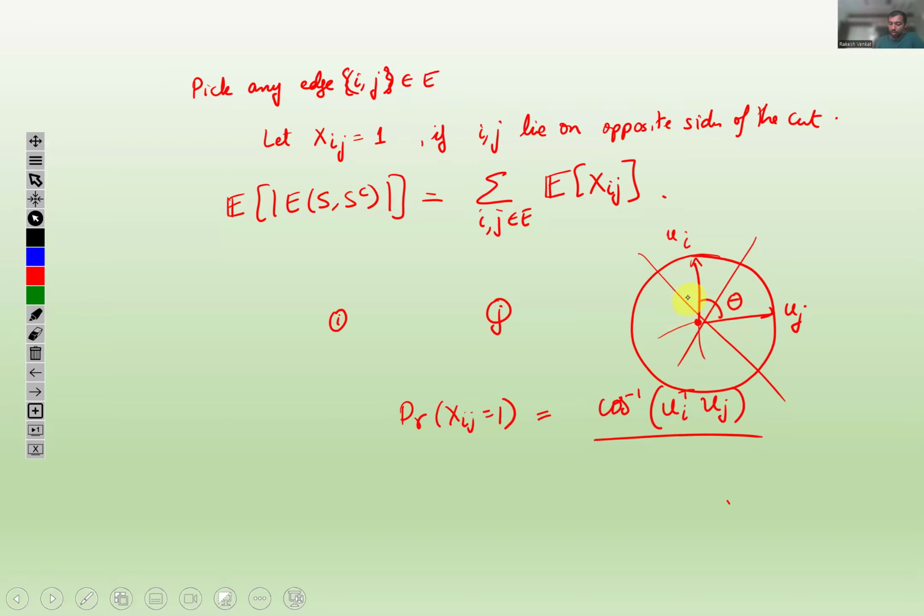Depends on where the normal vector falls. Pi. Okay, this is just theta. And there's good reason that this falls. So probability that xij equal to 1 is theta ij over pi. So maybe I'll call this theta ij, the angle between i and j. And now I need to relate this back to my original one.